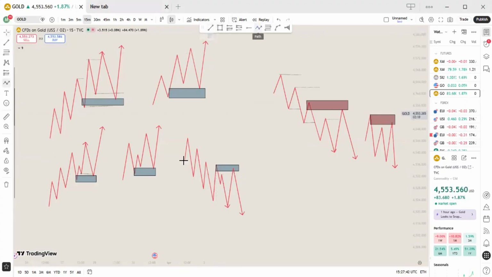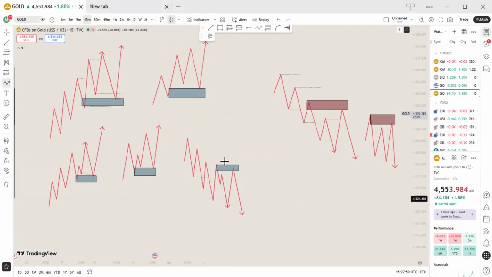Let me explain again. Market is in a bearish trend, creating a series of lower low, lower high, lower low, lower high, lower low. What made this lower high special from the rest is that it has liquidity before the break of this low.